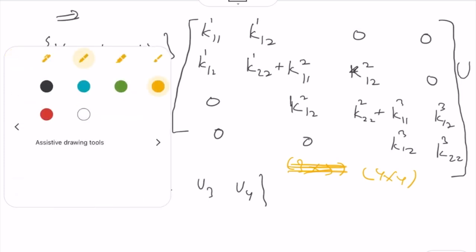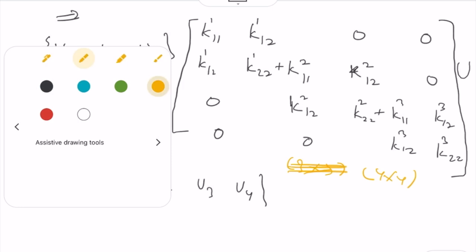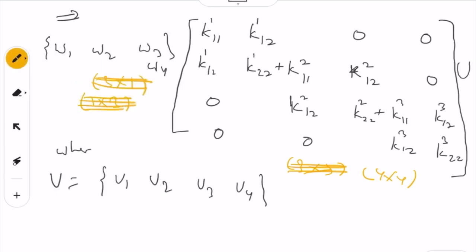We missed W4 as well, there has to be W4 here, so it has to be a 1 by 4 matrix. Here you have 4 by 4, and we have to write the transpose, so that u is 4 by 1.